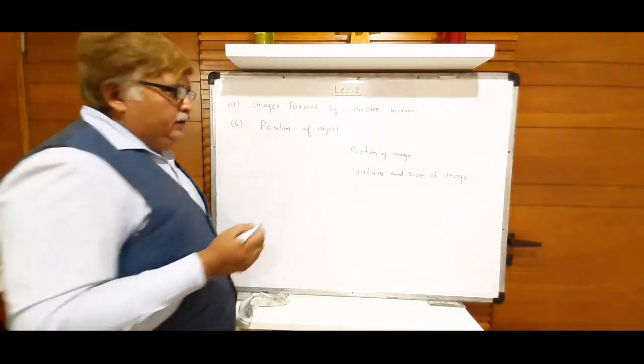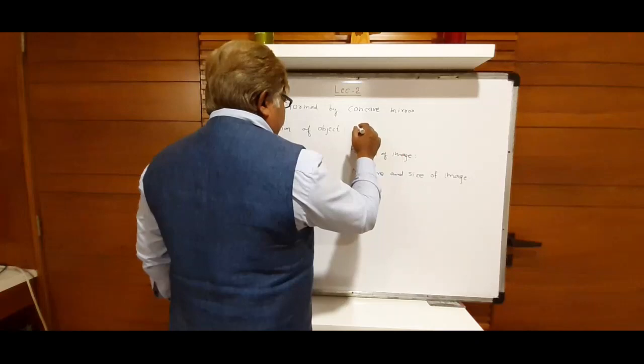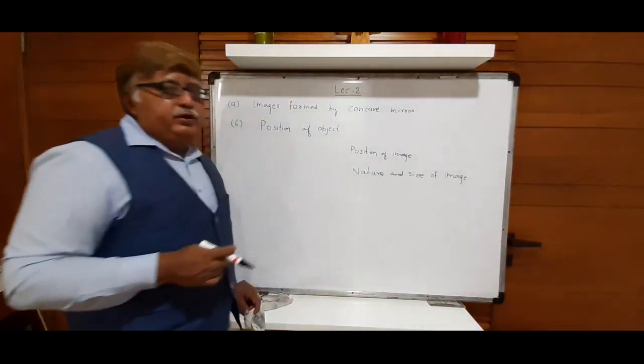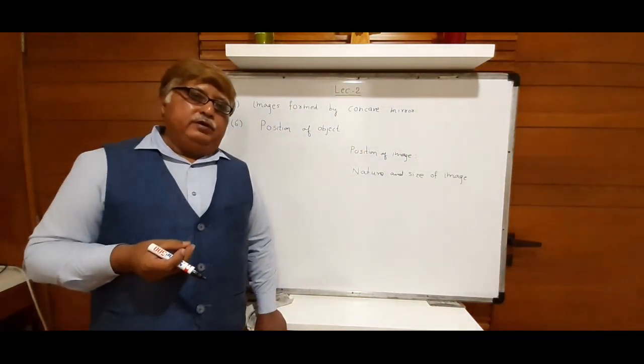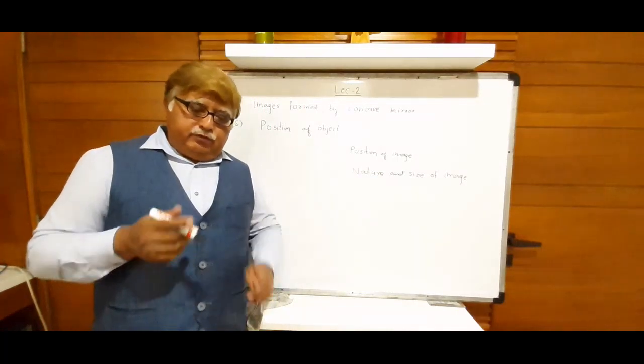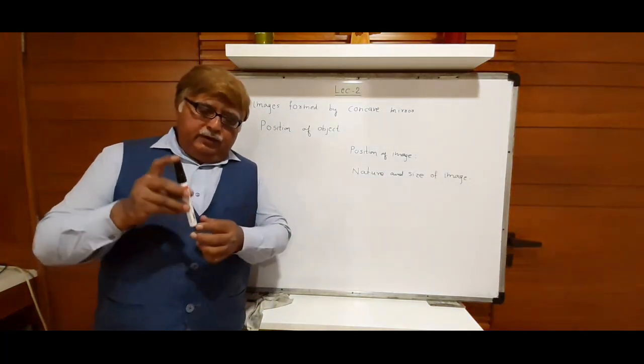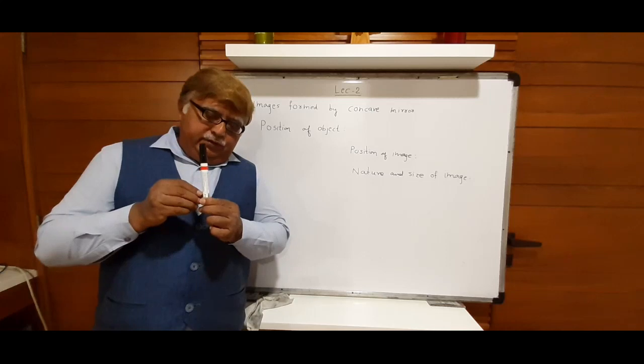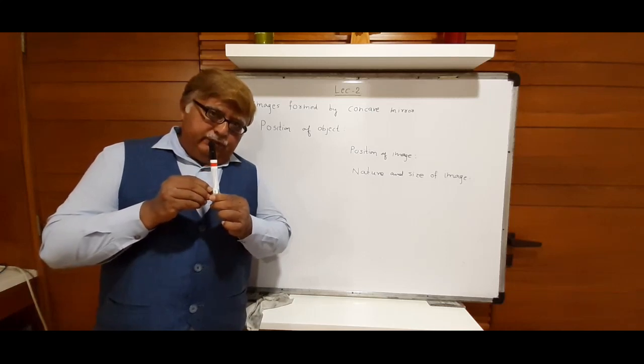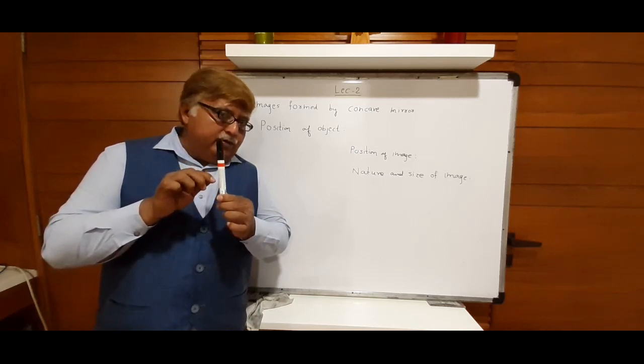Understand? Let me write the position of the object. Where was the object initially, just now, in the last diagram? At focus. So now can you guess? We are bringing the object nearer to the mirror. So where must the object be now?